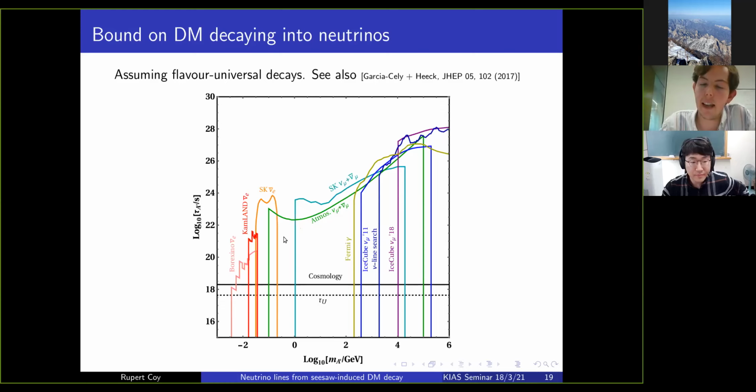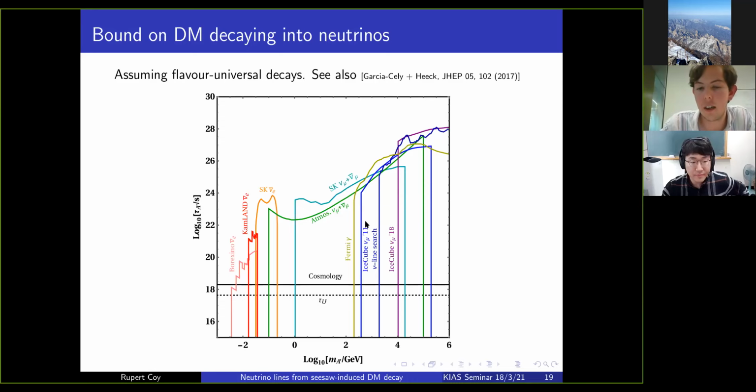Then at heavier masses, you go to again looking at atmospheric neutrinos, but looking more at muon neutrinos. I think the reason for that is that there's a good theoretical understanding of the muon and anti-muon neutrino flux. Then at higher energies, above about 100 GeV, you go to high energy neutrino telescopes.